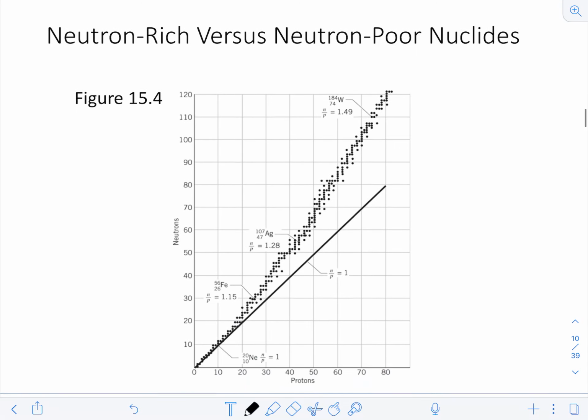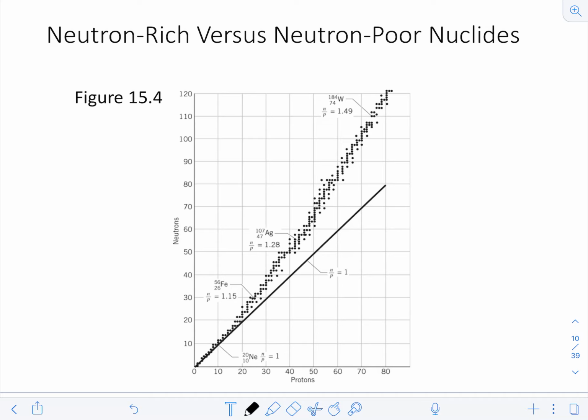Now the interesting thing is that scientists saw that there was a trend when it came to radioactivity. So notice that you have this line here, and it's neutrons over protons. And that means that the number of neutrons is pretty close to 1 with the protons. So it's a 1-to-1 relationship. And they give you an example here like with neon.